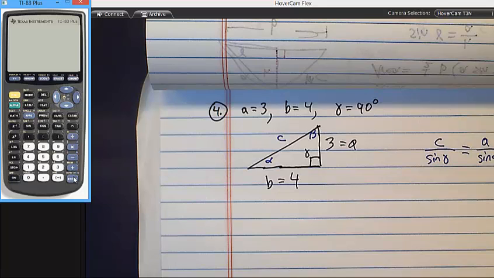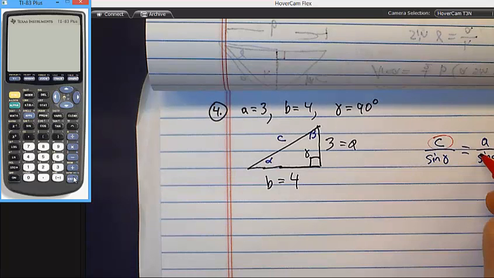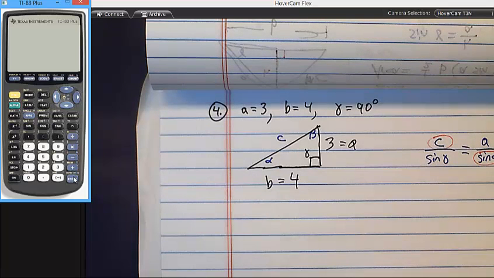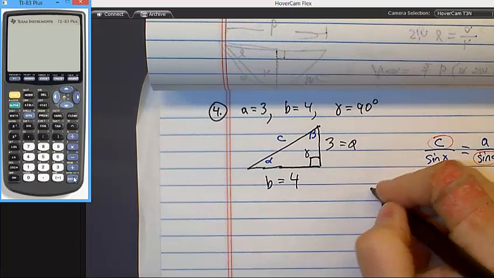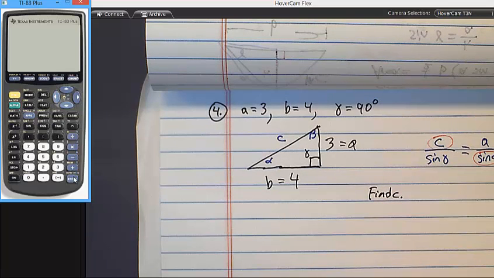Because I don't know c, but I also don't know angle alpha, so I couldn't figure that out. That's two unknowns. The law of sines only helps you if you have both an angle and its opposite side. So those of you that said the first step is find c, absolutely. That's your first step.